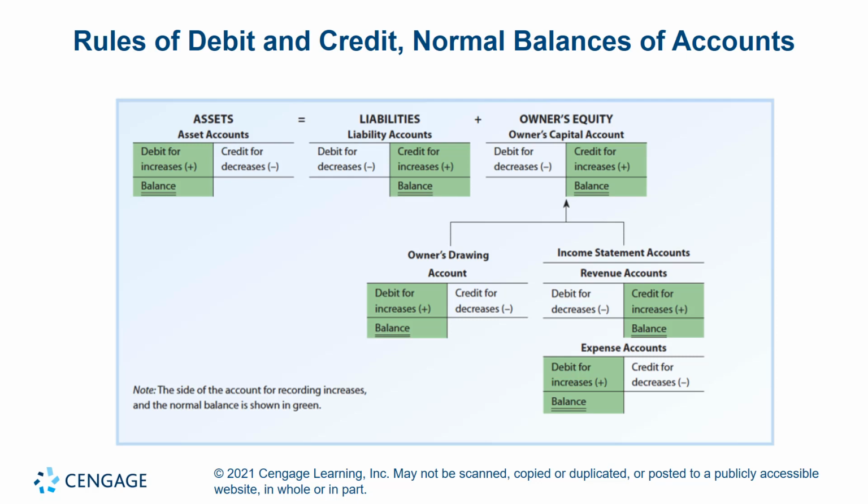But by debiting these, it has a negative impact. The increase of drawing and expense accounts decreases owner's equity. On the other hand, the credits to revenue and capital accounts increase owner's equity, because the credit means the increase of revenue and the increase of capital. It also increases owner's equity.